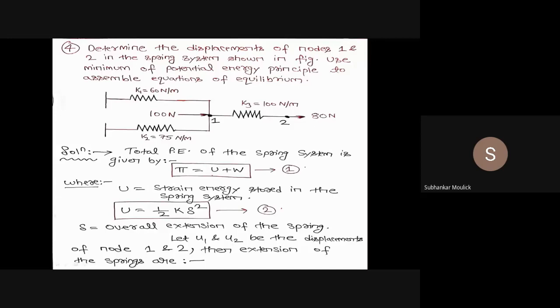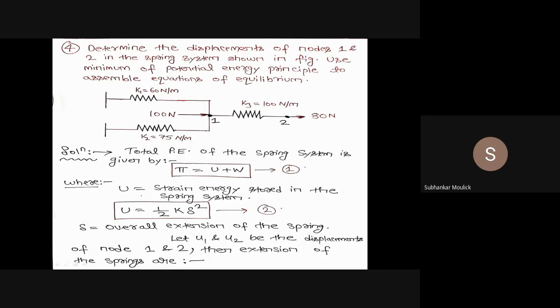Internal energy is nothing but the strain energy stored in the system, and for a spring element the strain energy is given by u equal to half k into delta square, where k is the stiffness of the spring and delta is the deflection of the spring due to nodal forces. So u is equal to half k into delta square, equation number 2.